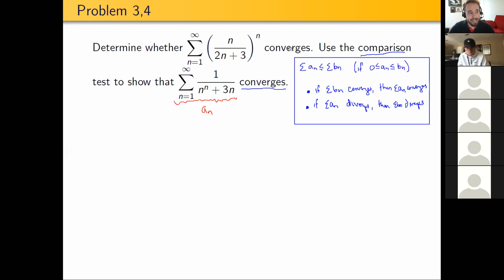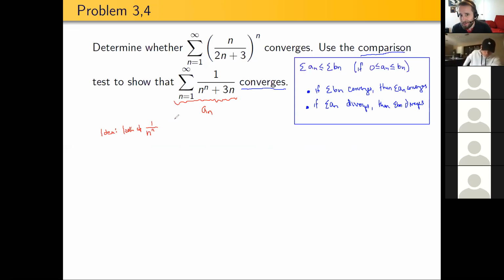So an idea, and again, this is all kind of educated guess and check, so there's not a clear-cut immediate answer, but an idea is to look not at 1 over n to the n plus 3n, but let's look at 1 over n to the n by itself.